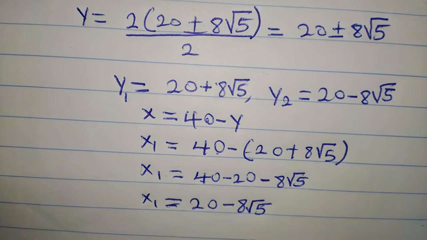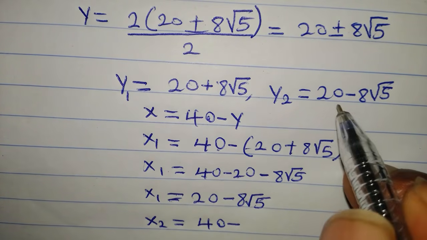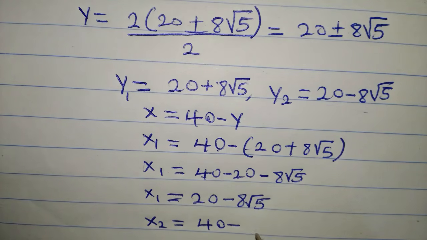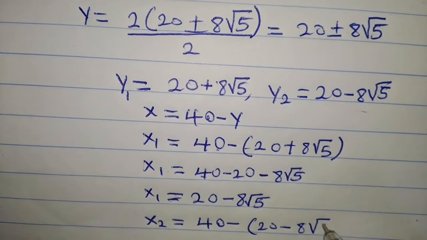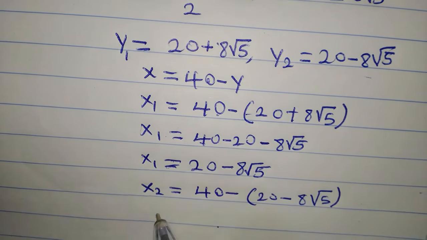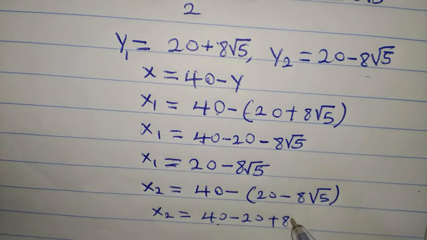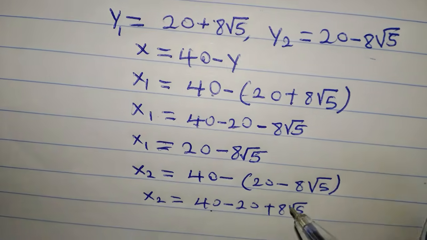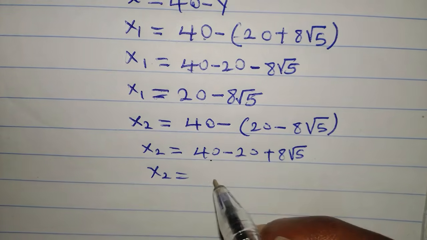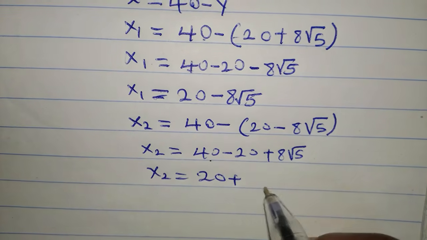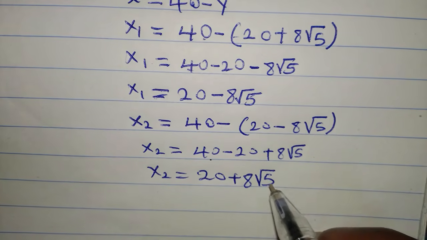For the second value, we can say our x2 is equal to 40 minus open bracket 20 minus 8 root 5. Therefore x2 is equal to 40 minus 20 plus 8 root 5. So from here, simply say our x2 is equal to 20 plus 8 root 5.